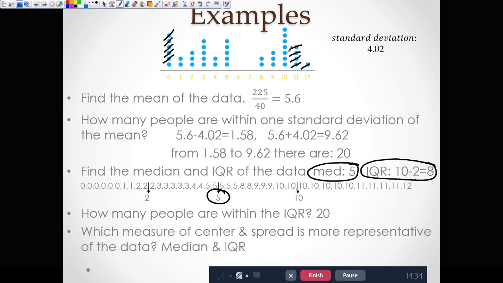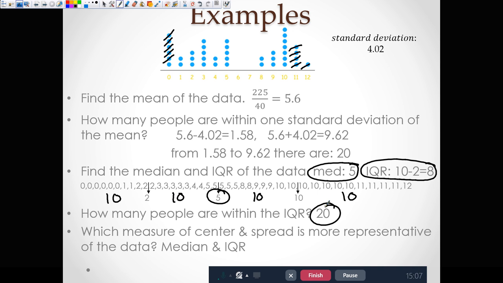So what is 25% of our total, which was 40? Well, what is 40 divided by 4? 10, right? So there would be 10 people in our lowest quartile, 10 people in our middle quartile, 10 people in our middle upper quartile, and 10 people in the last quartile here. Did you see that? So in our interquartile range, how many people would there be? 20. So that's one way of thinking about it.